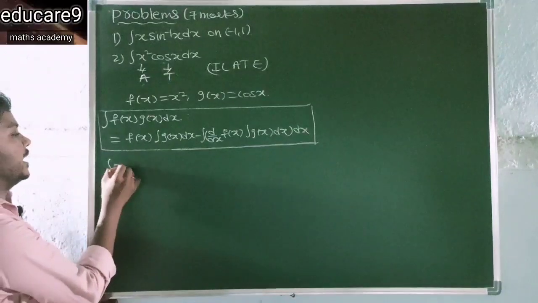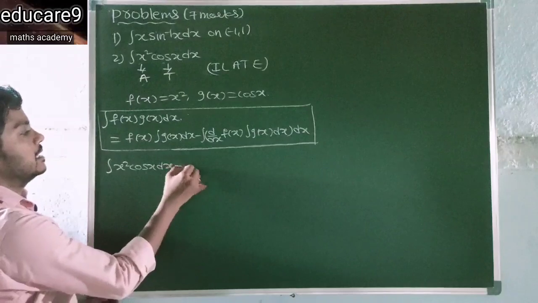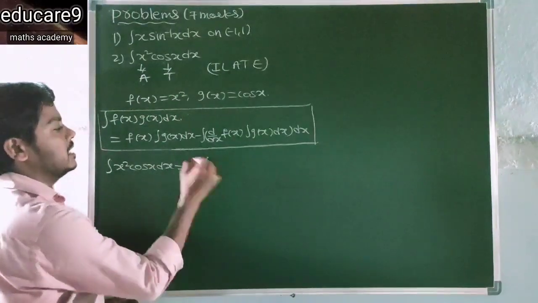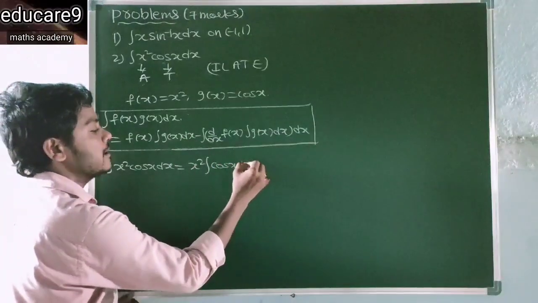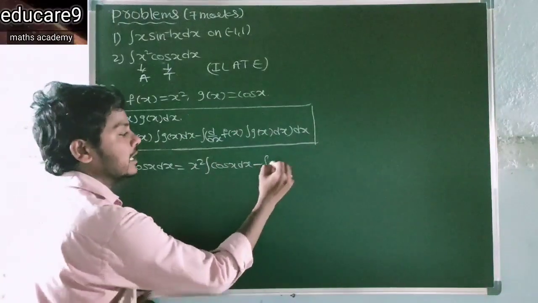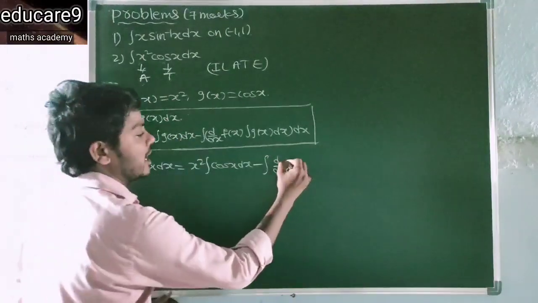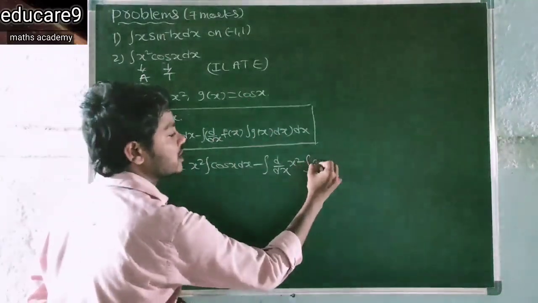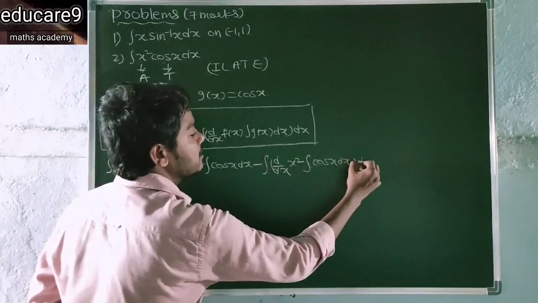So therefore integration of x square cos x dx is f of x, x square, and integration of g of x dx, that is cos x dx, minus integration of d by dx of f of x, that is x square, integration of g of x, that is cos x dx whole dx.